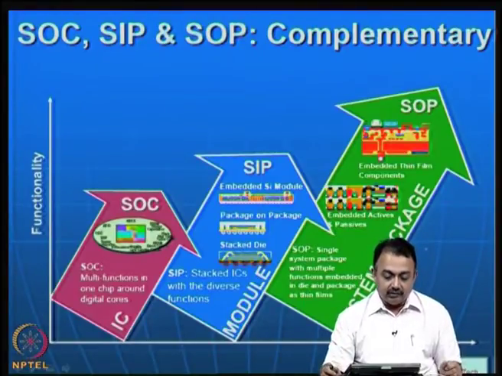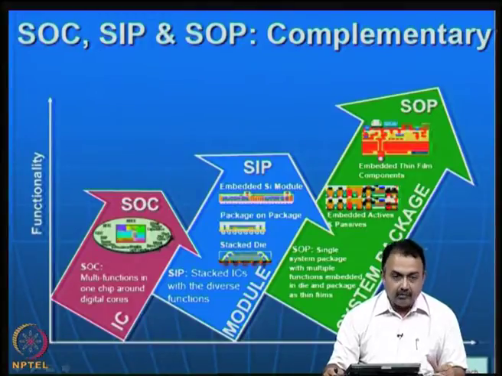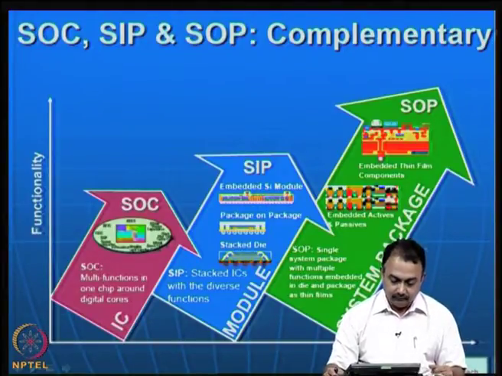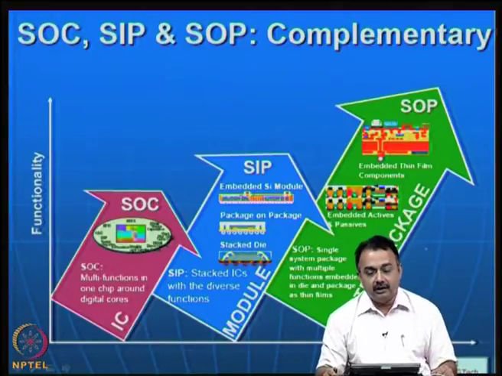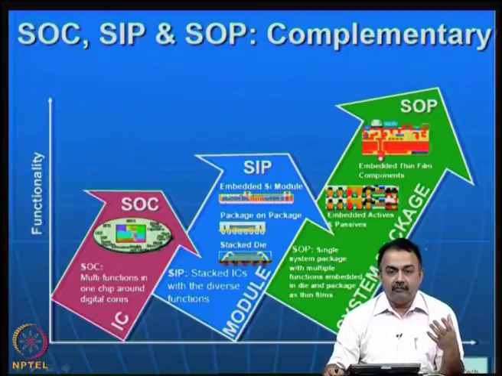So, these three terms I think we have mentioned: system on a chip, system in package, and system on package. They are complementary to each other. System on chip means built-in functions, multi-functions in one chip around digital cores. System in package means you can have different ICs from different vendors.